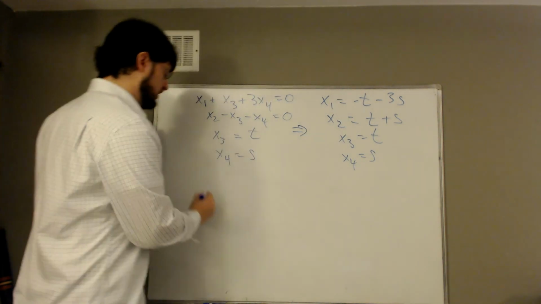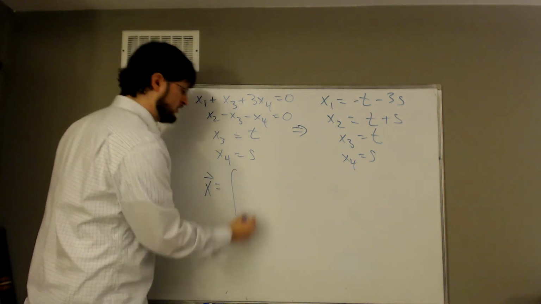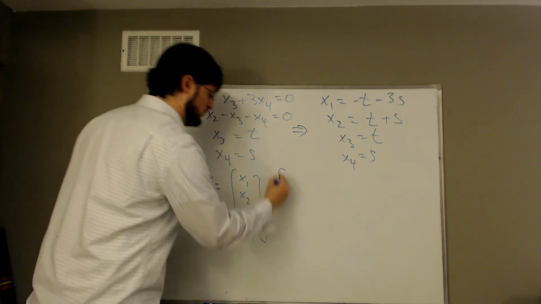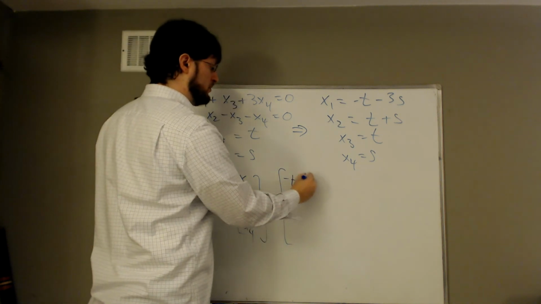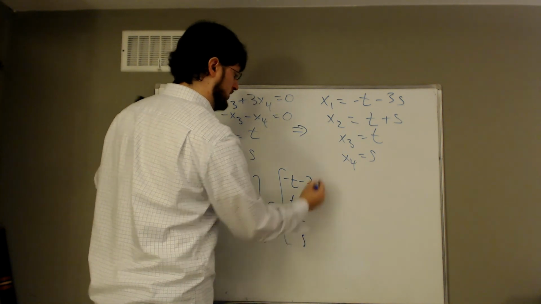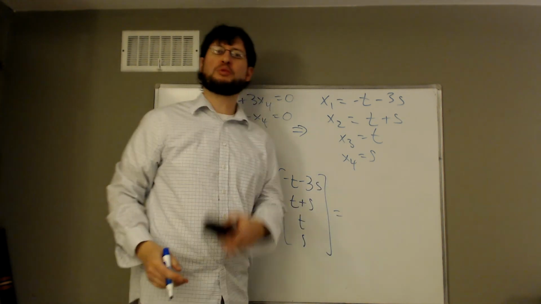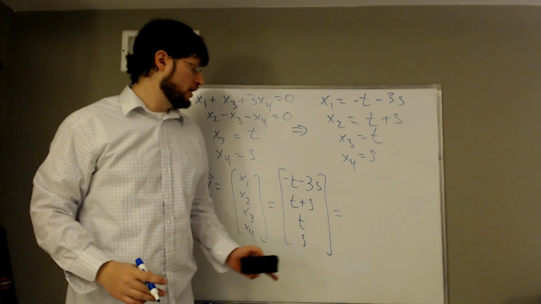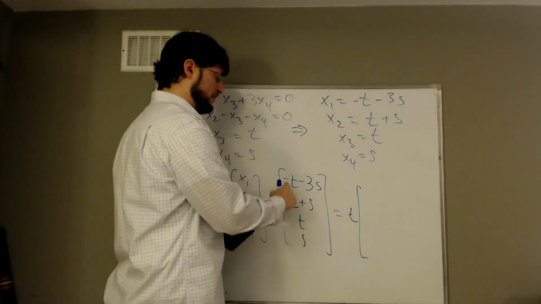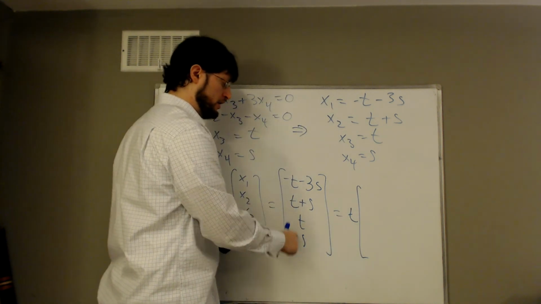Which means my solution is the vector x, with entries x1, x2, x3, x4, which is negative t minus 3s, t plus s, t, s, which then we break up into each parameter. So we take a vector for the parameter t, and what we have is negative 1, 1, 1, 0.